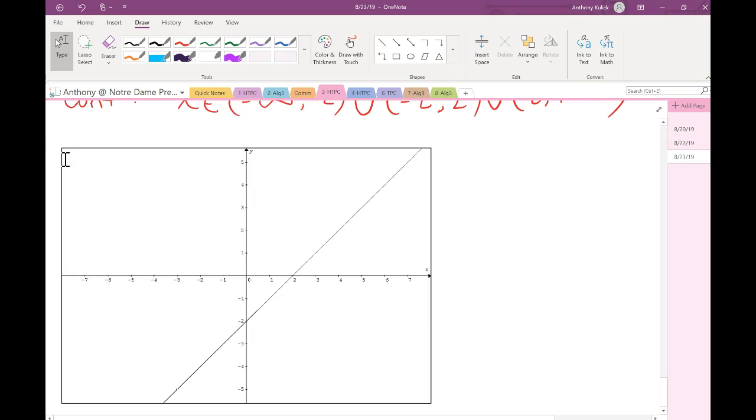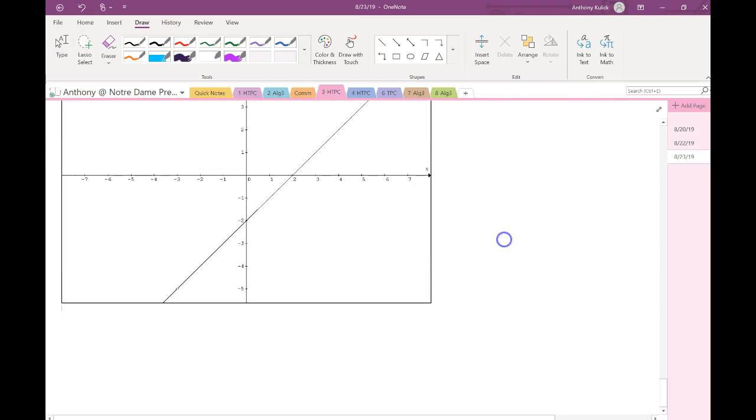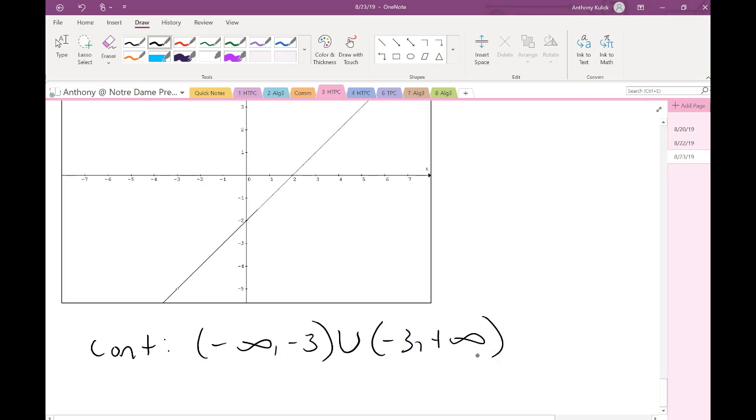In this case, we'd say it's continuous from -infinity to -3, and then from -3 to +infinity. So depending on what kind of question you were asked, you could describe where the graph is continuous or where it's discontinuous. They're ostensibly the same information, just two different questions, right?